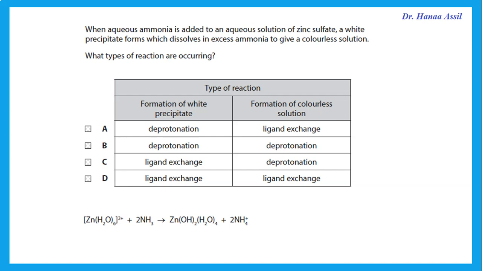This gives me the precipitate, which is zinc hydroxide with 4 water. This is a deprotonation reaction. The first part is a deprotonation reaction, and then when we add excess ammonia, we are replacing water with ammonia. This is called a ligand exchange or ligand substitution.